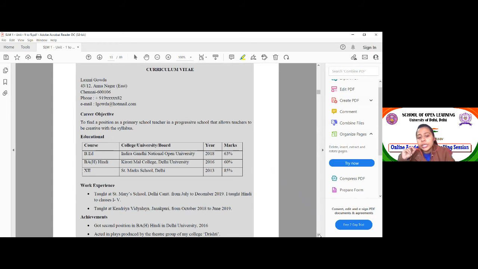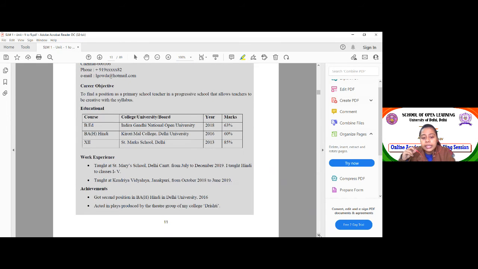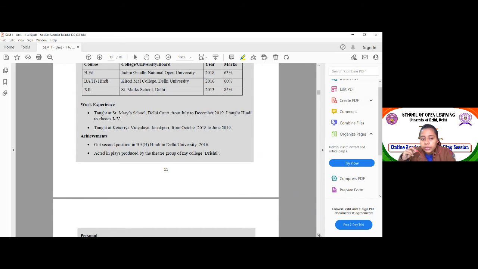So usually, as you can see, 12th is written in the last row, and you usually write it in descending order, like your highest degree comes first. So she wrote her B.Ed, then she wrote her BA honors, and then she wrote her class 12th. And you write where you have studied from, the year you have passed out, and the marks that you have obtained. Then she wrote her work experience, and then she wrote the achievements that she got.